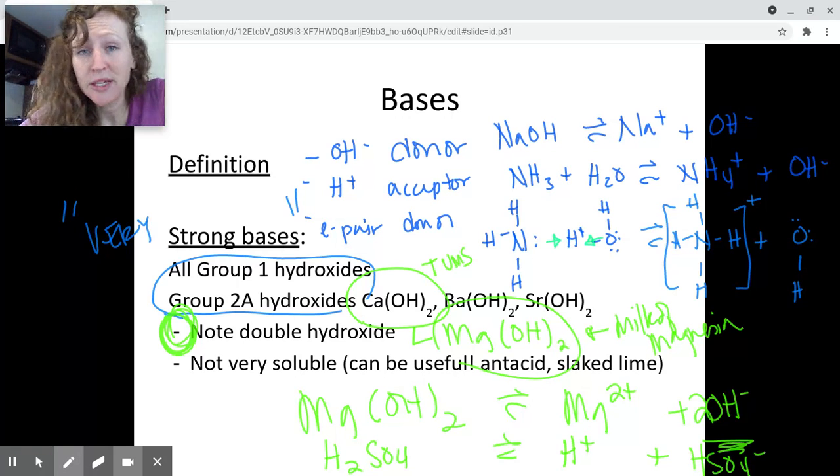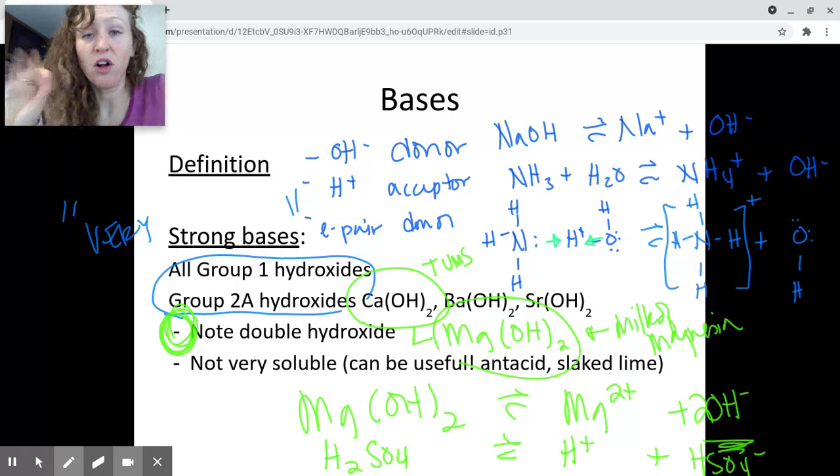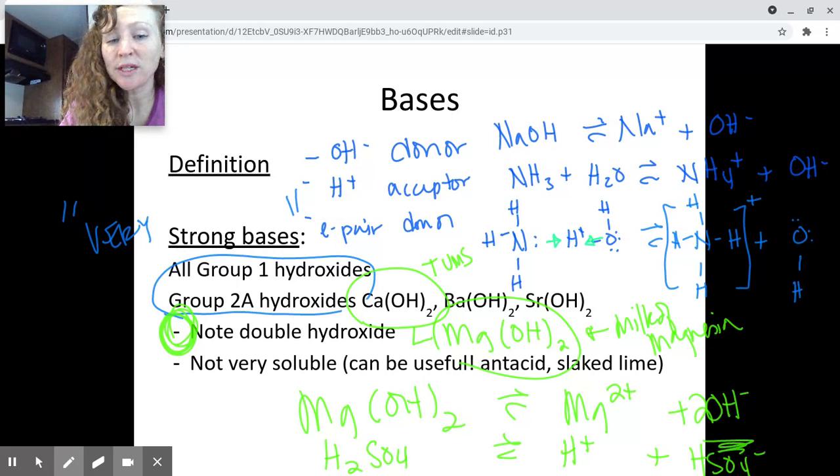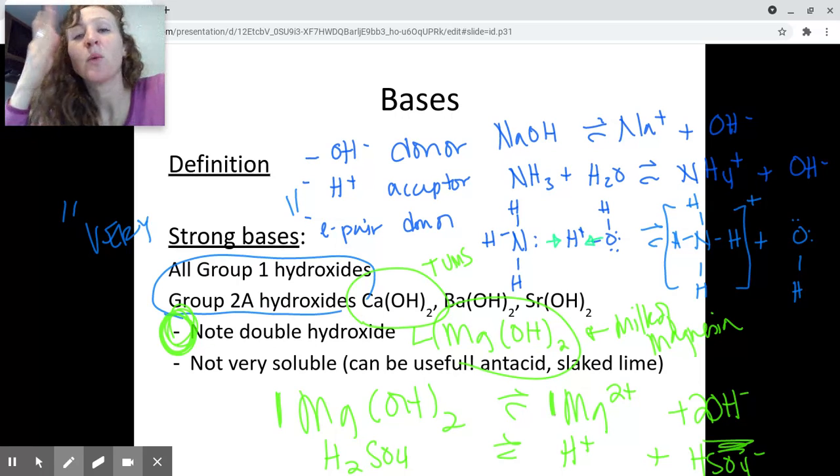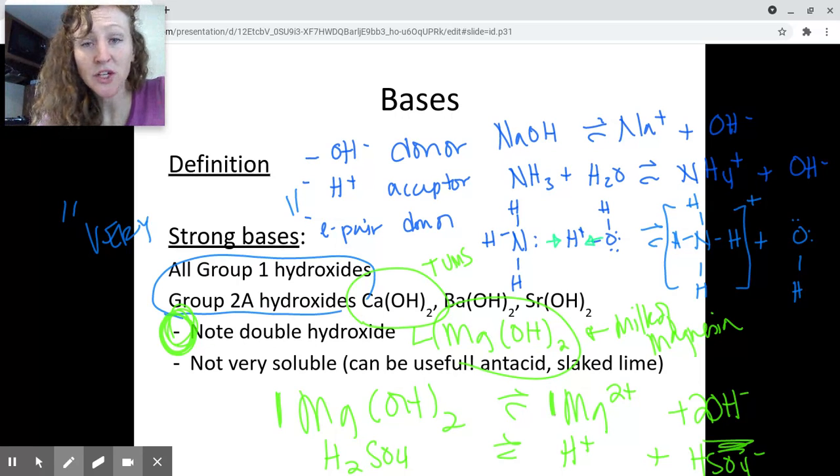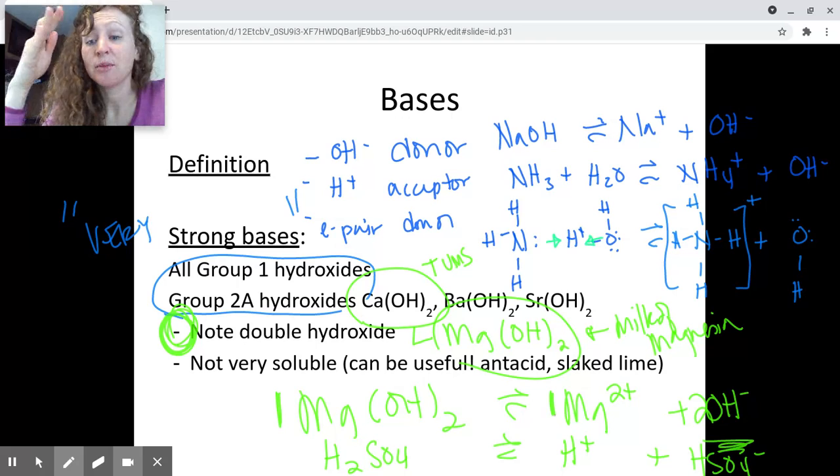Well, bases don't do this. Bases don't protonate one at a time. Bases give off all their hydroxides or none of them at all. And so you have to realize that this is going to make a difference in stoichiometry because it's not a 1-to-1-to-1 ratio like the acids are. It's going to be 1-to-1-to-2.